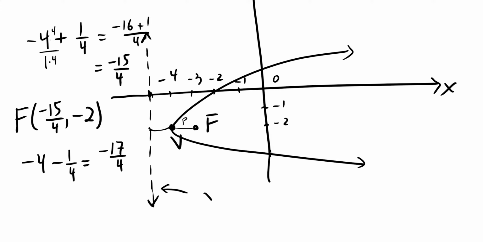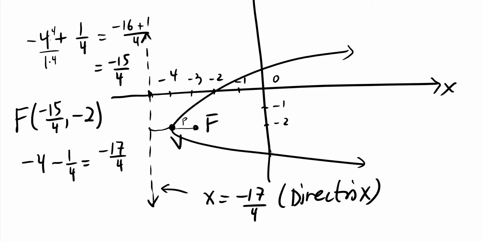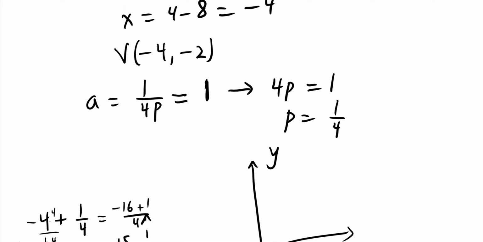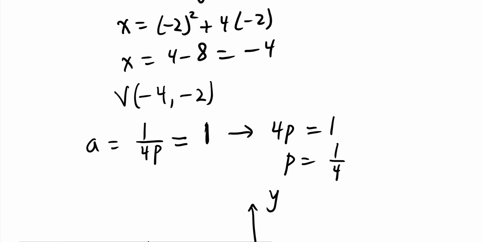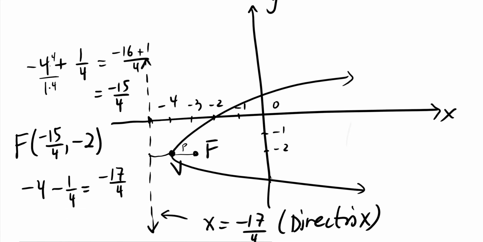So this equation is x equals -17/4. That's the directrix. So we found the equation of the directrix, the coordinates of the focus, the coordinates of the vertex. We found also the equation of the axis of symmetry, y equals -2.